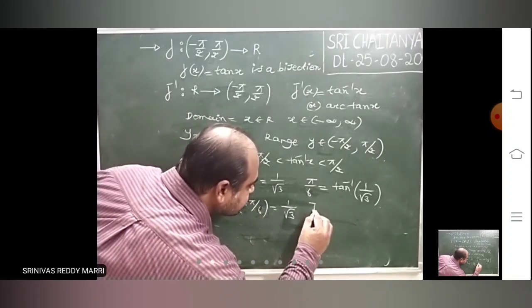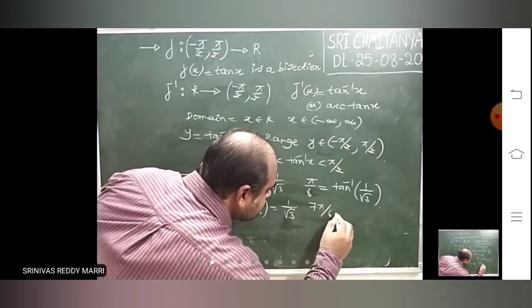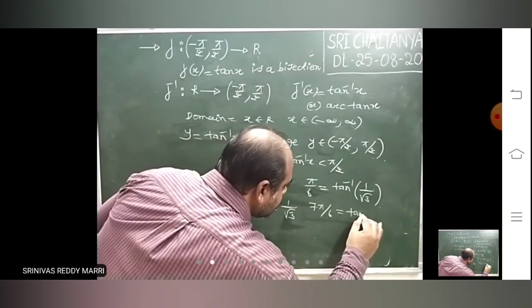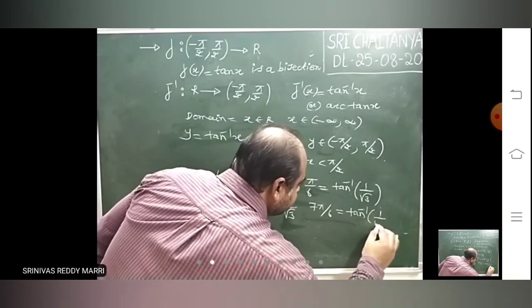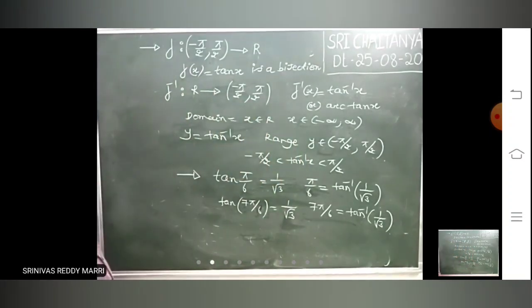But you cannot write it like this: 7 pi by 6 equals tan inverse 1 by root 3.